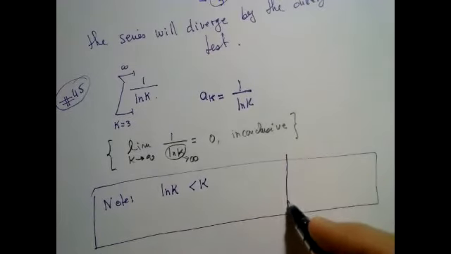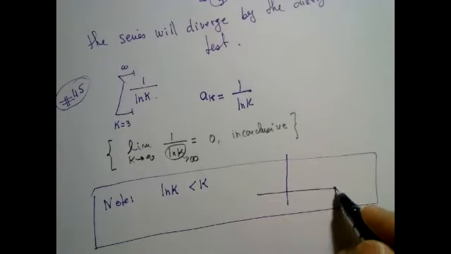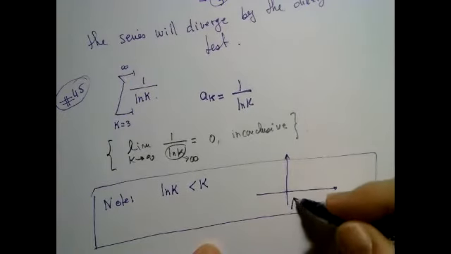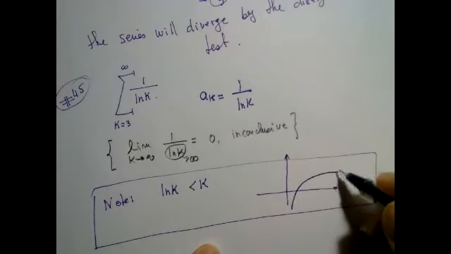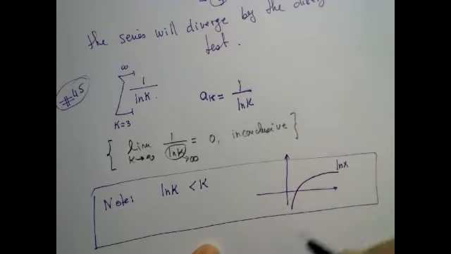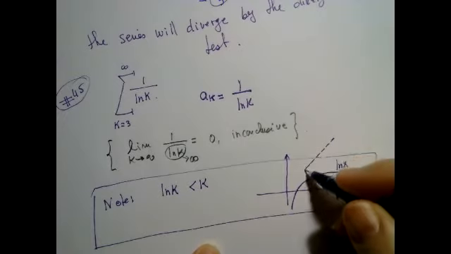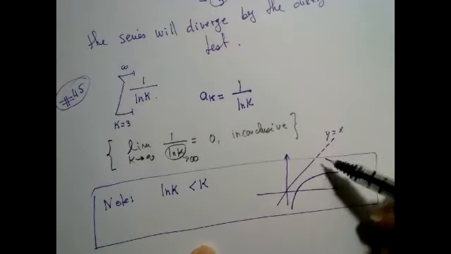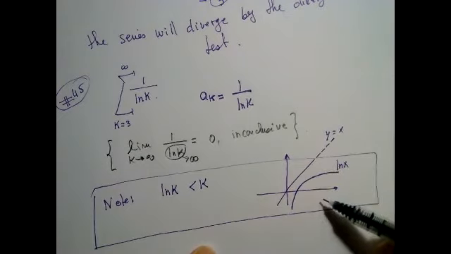Graphically, if we graph ln of x, and we graph the function y equal to x, x is always above the ln.